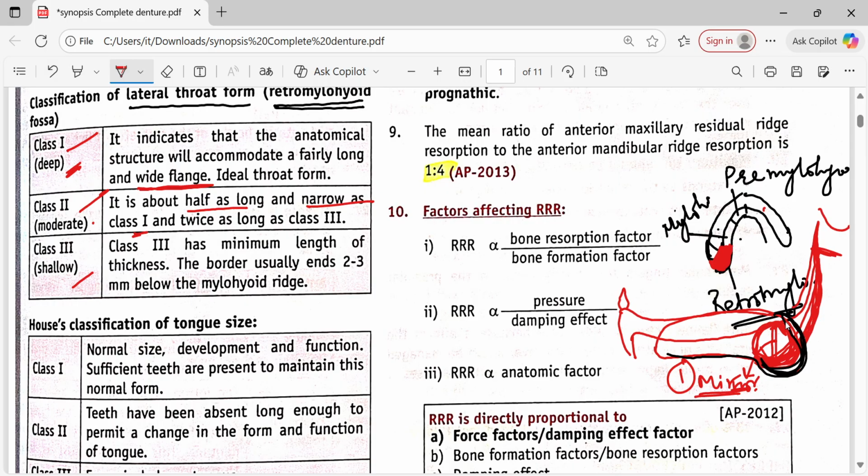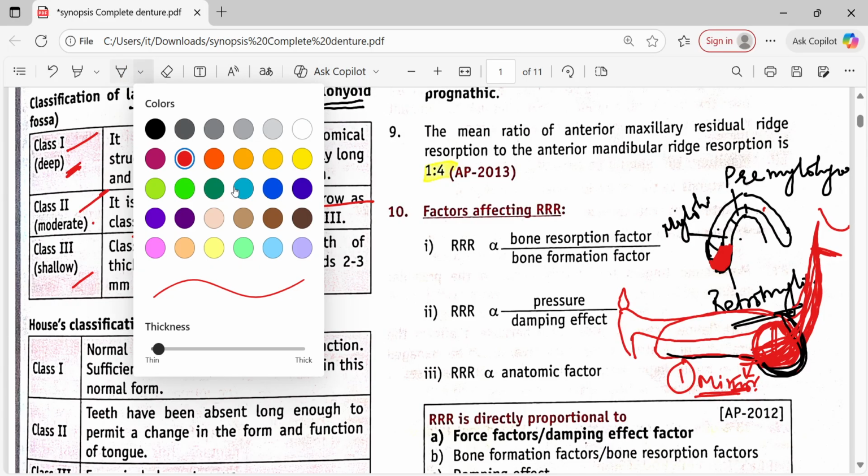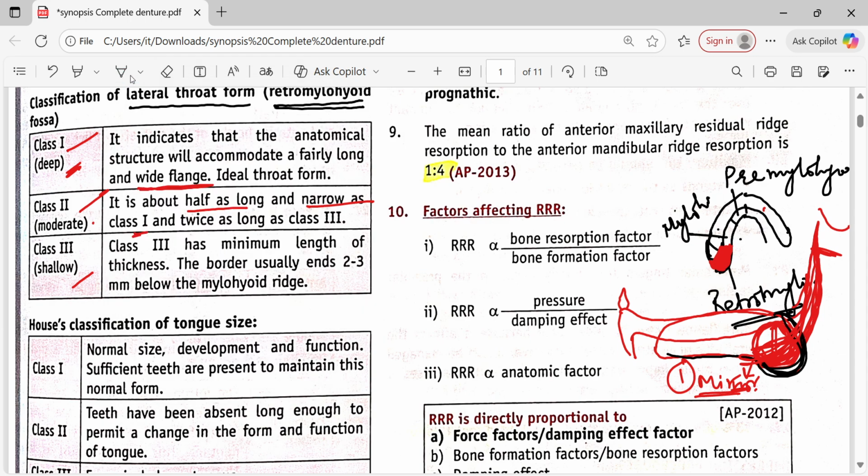So your mouth mirror will be inserted half, and your palatoglossus muscle will have this shape compared to this.